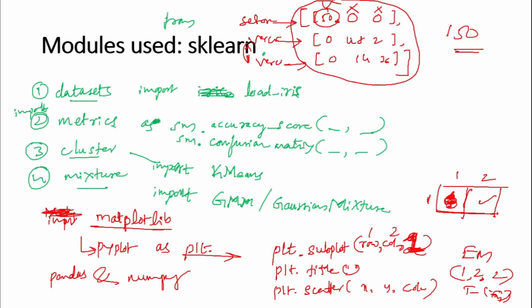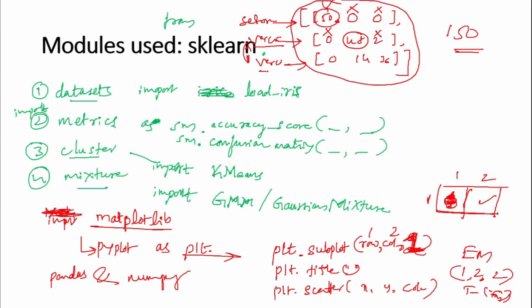Next, versicolor. 48 versicolor are correctly classified, none are wrongly classified as setosa, and only two flowers are wrongly classified as virginica. Understood?